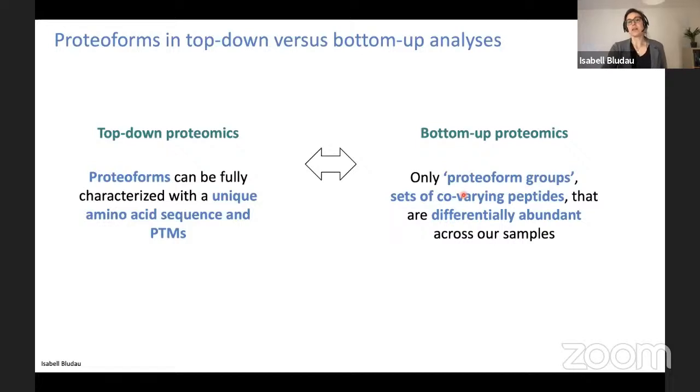But the key here is differentially abundant across our samples, because this means that, by definition, all of the proteoform groups that we detect are biologically interesting because they have to be differentially regulated in the data set that we're looking at. This is very interesting because we get way fewer hits than with top-down, but the ones we get are potentially of high interest.